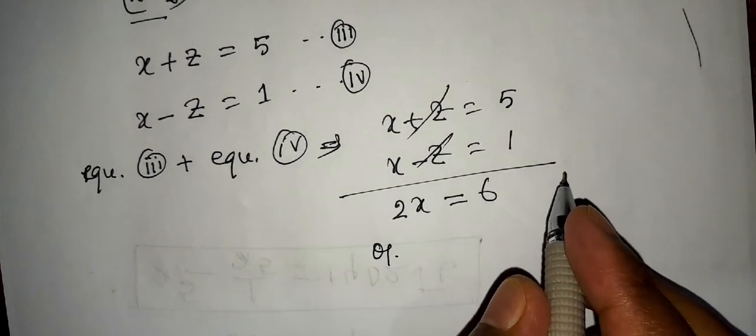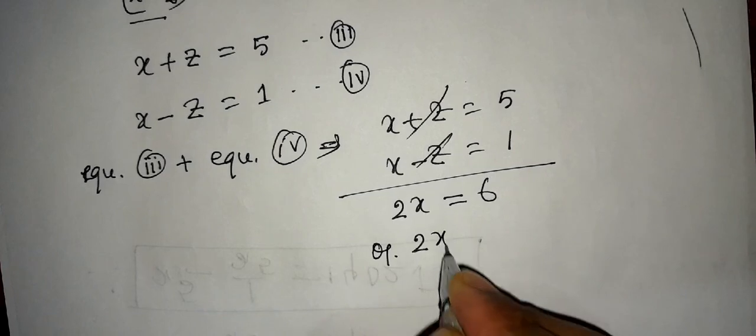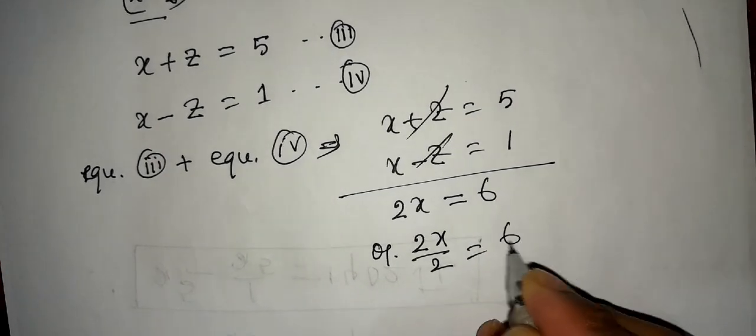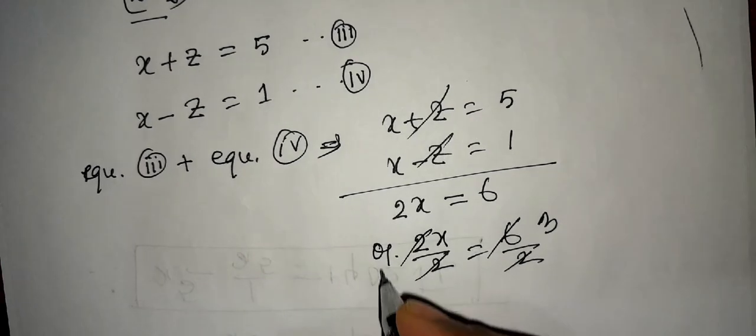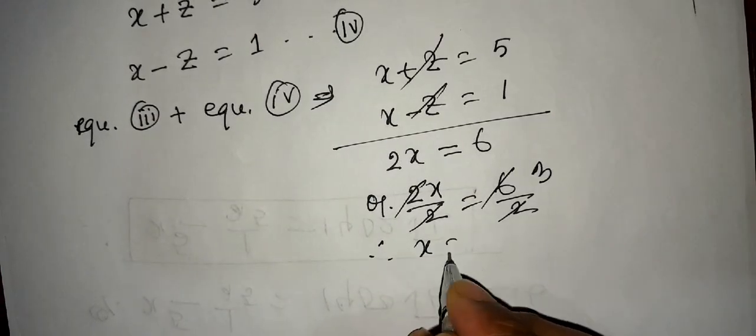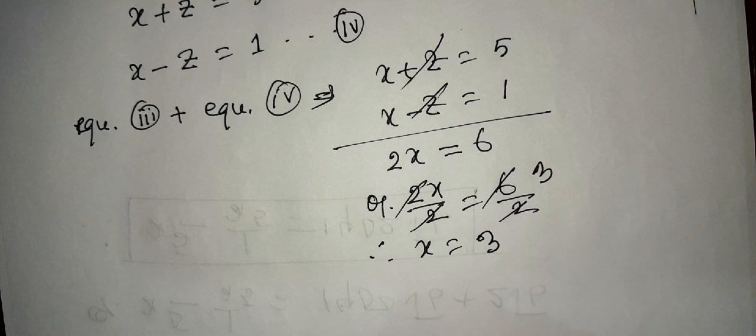Dividing both sides by 2, we get 6 by 2 is equal to 3. So x is equal to 3.